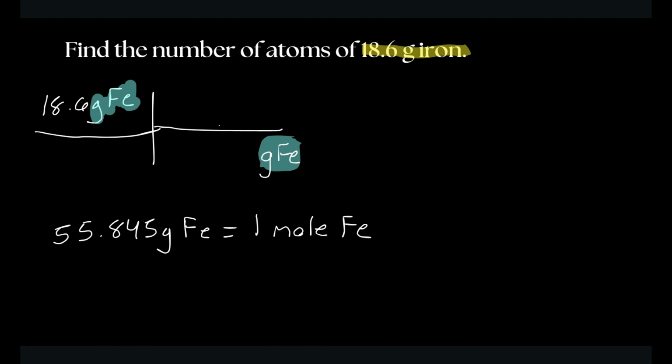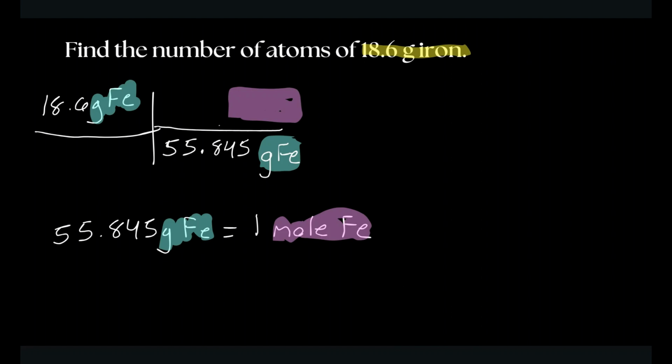So the grams of the Fe means that this number will be placed into this bottom right corner, so 55.845, which is equal to the 1 mole of our Fe, which is going to go on the top. So this will be our 1 mole of our Fe.